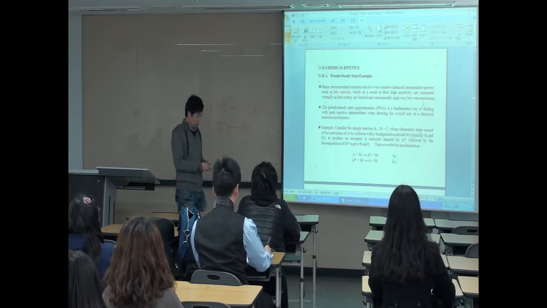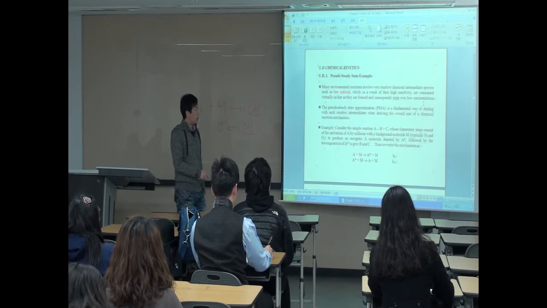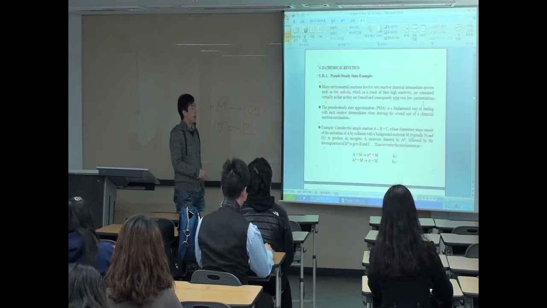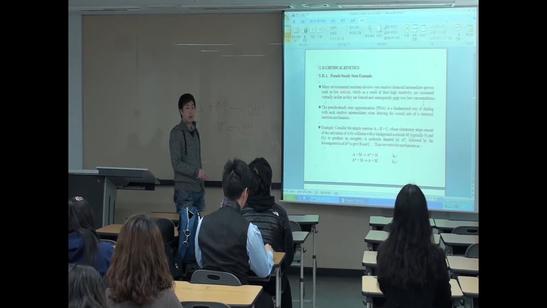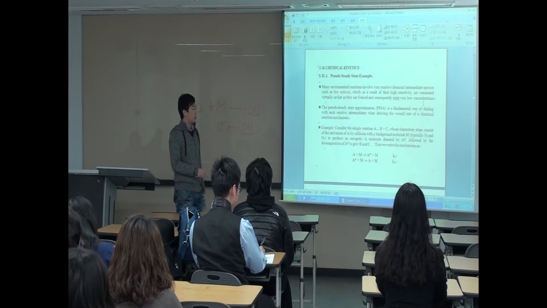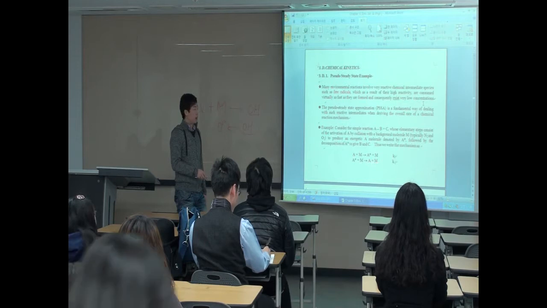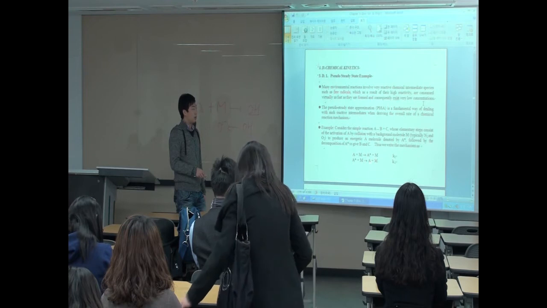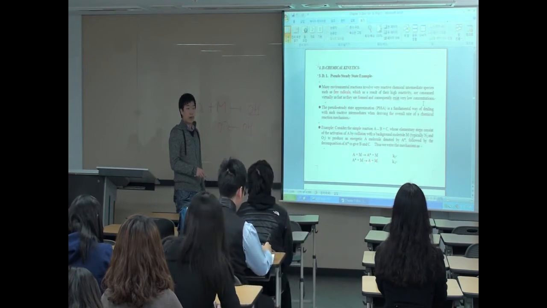And here is an example. Let's assume compound A reacts with M, and they can make this A star compound. This is the intermediate compound. The rate constant for this reaction is K1. And as I already told you, this A star intermediate compound can disappear very fast. It can also react with this M and go back to A again.